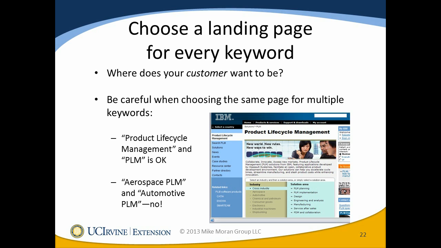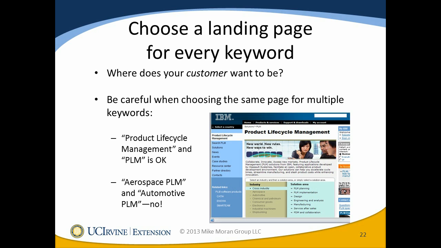As you think that through, one of the things that's likely to happen is you're going to discover that you do not have pages that customers want to see for every keyword that you want to rank for. And you'll be tempted to say, we can use the same page for all those keywords. When I was at IBM, we had something called product lifecycle management. That was an area of technology that people could buy, and there were different kinds of approaches for every industry.